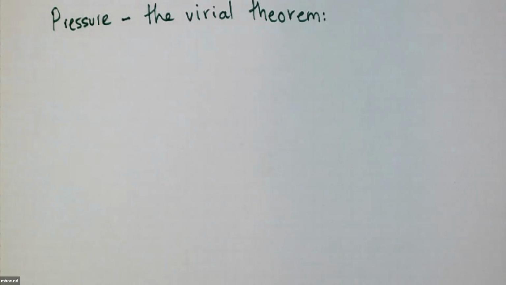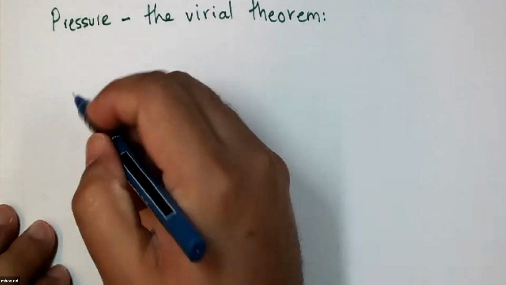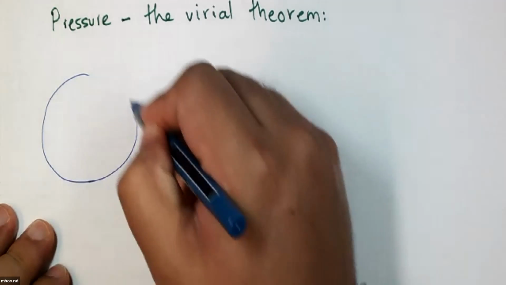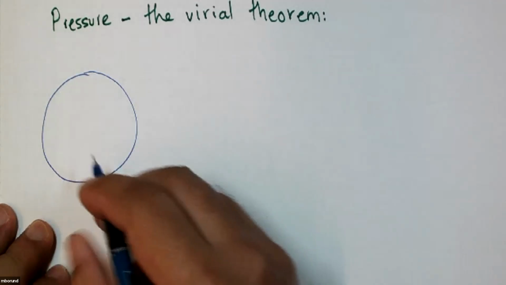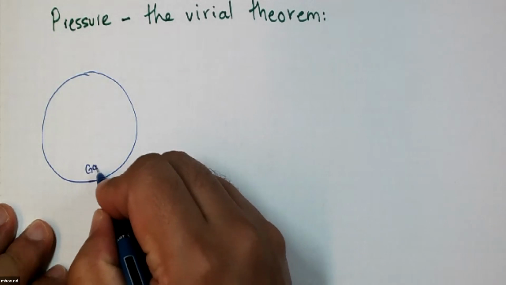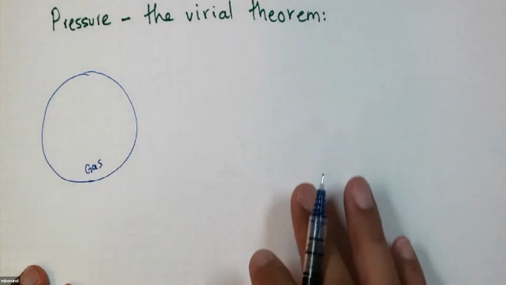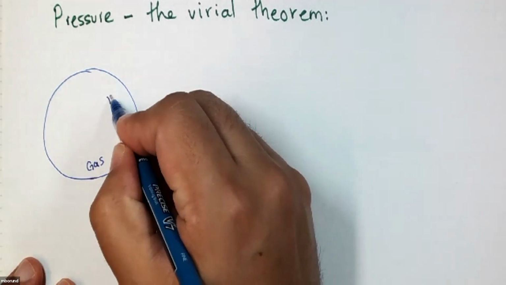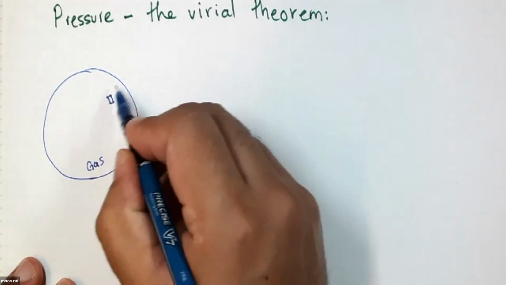And the idea is as follows. Let's look at a container that has gas. So we have a container here, and it is full of gas. And we're going to look at a small surface right here, dS.